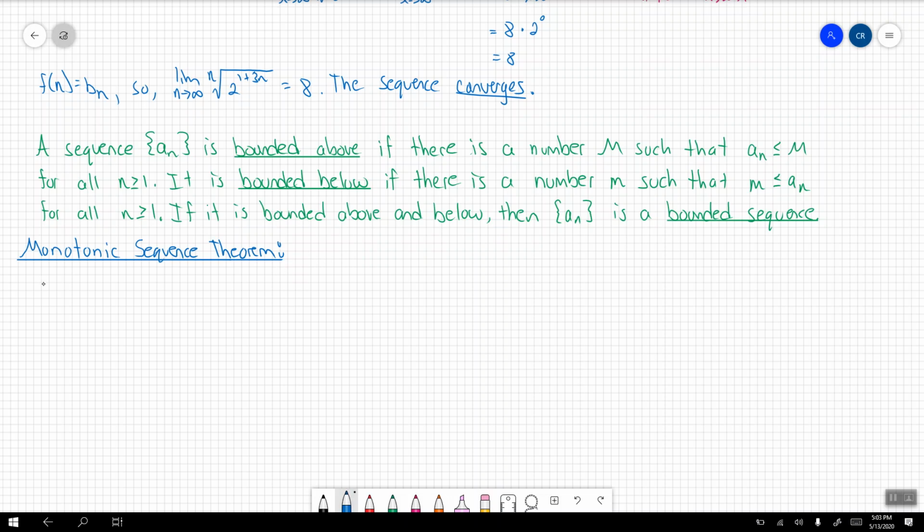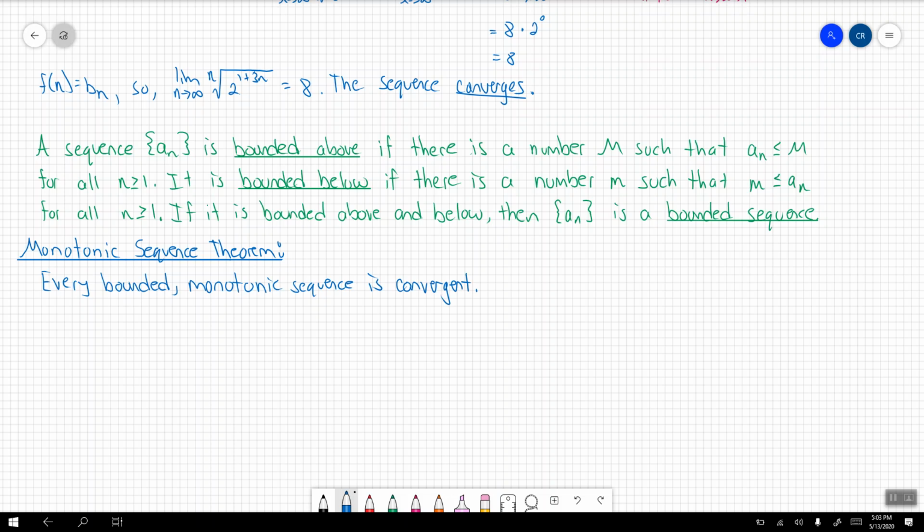What this says is that every bounded monotonic sequence is convergent.